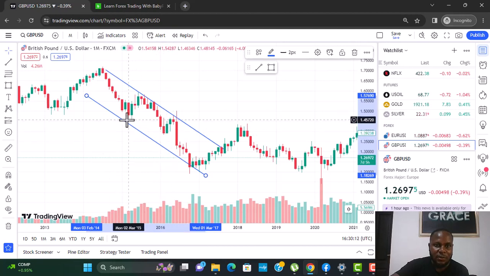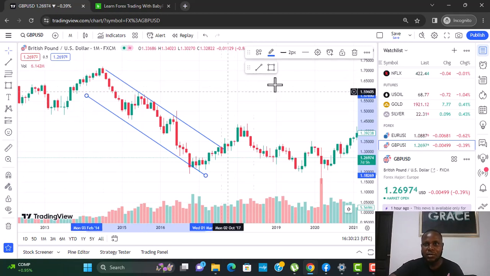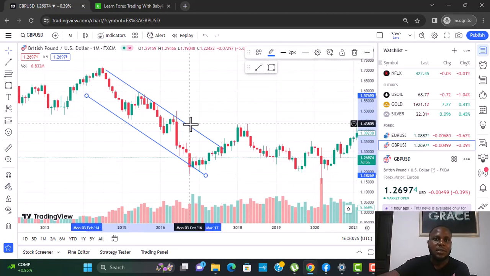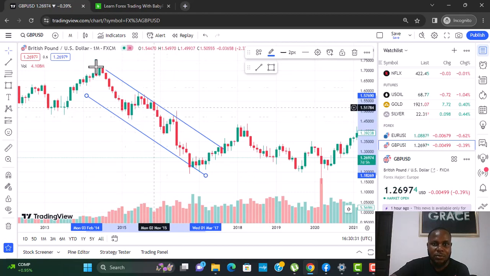This low is lower than the former low. So it moves like this. I don't want to click much here so that they don't keep moving me to the page where I'll be prompted to sign in. So you see that the market is making lower highs and lower lows. So this is a downtrend.